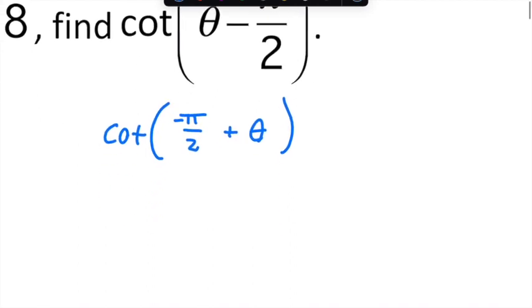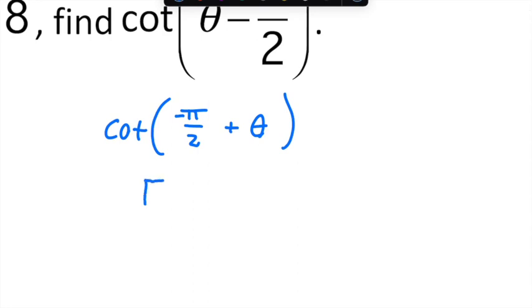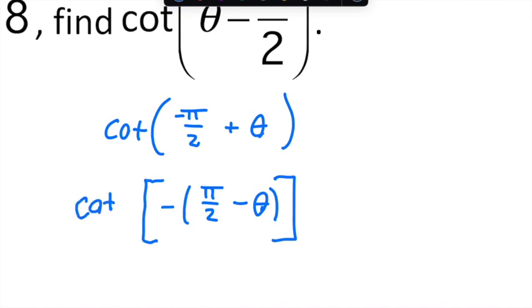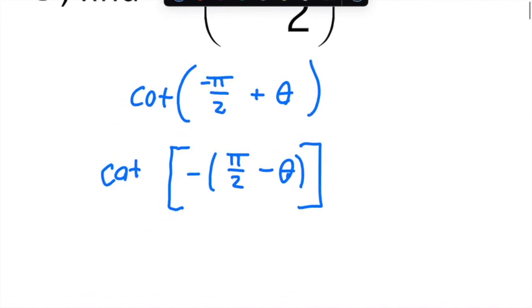Okay, next after that we're going to factor out a negative, just like this right here. Oh, whoops, that should be minus theta now. So I'm undistributing a negative right there. Okay, so I just undistributed a negative.